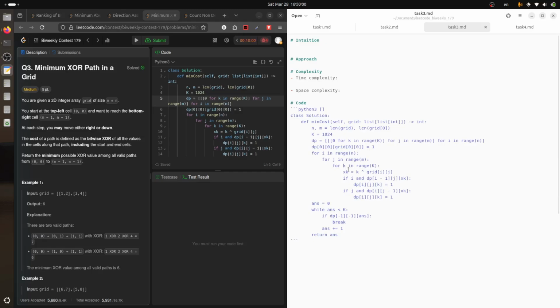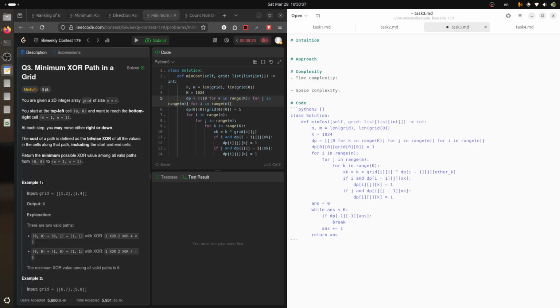Well, we can check. We can go from upwards, right? And for that to happen, because the current cell also counts into the path XOR, k should be equal to grid ij XOR dp i minus 1 j with some other k. And then grid ij, right?